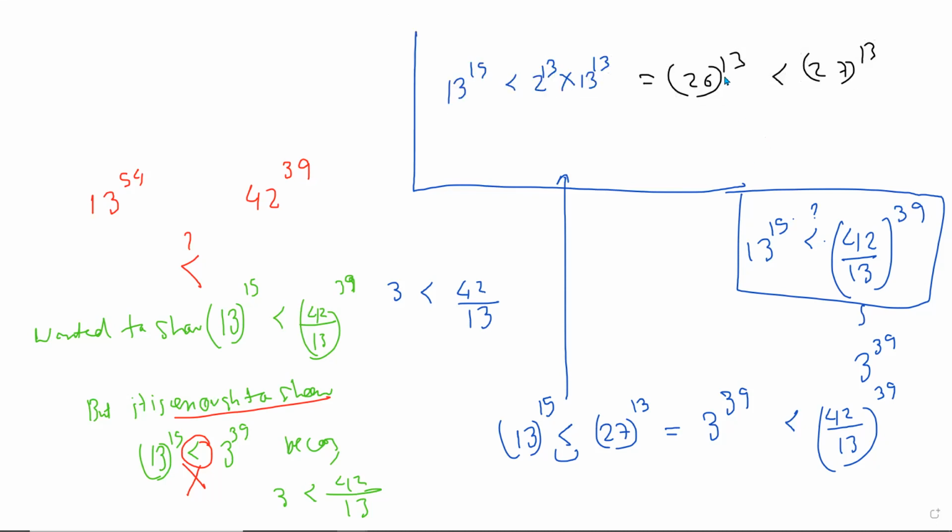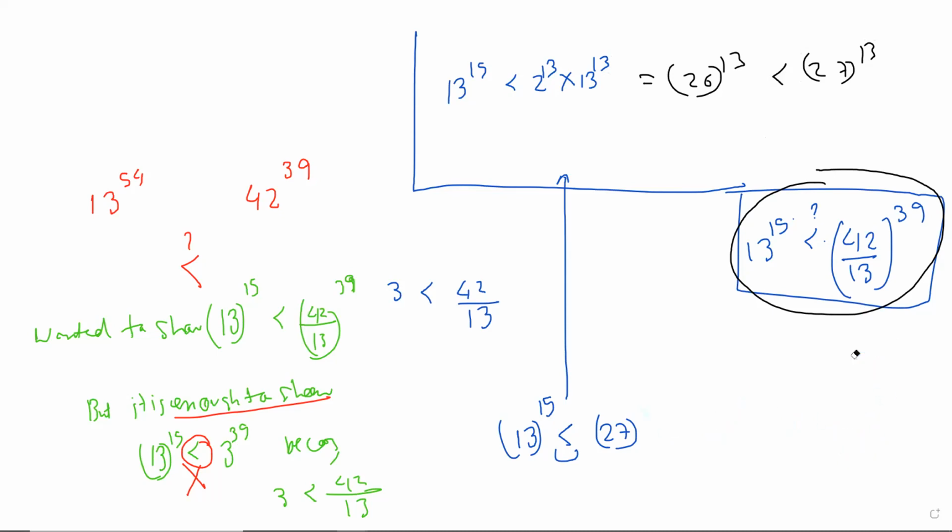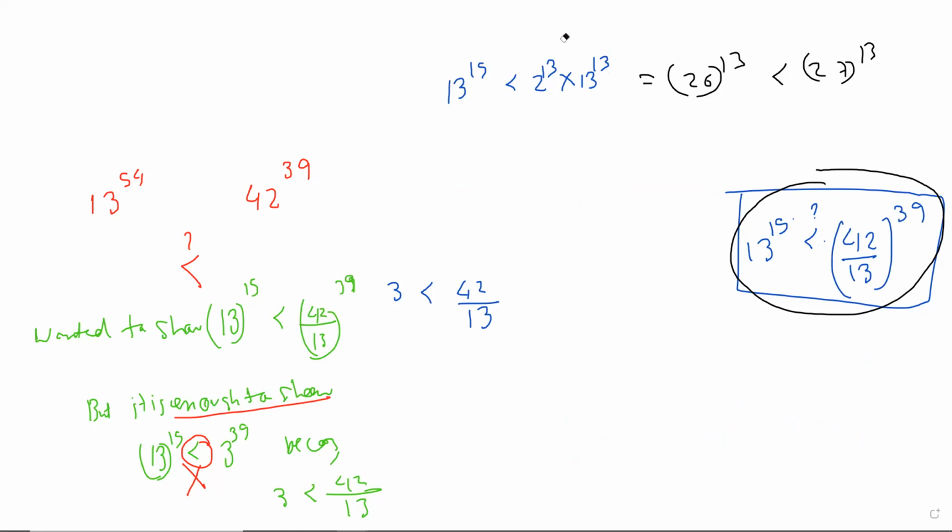Okay. So you see, the key was that we kind of reduced the question to this. Right? But here, if you notice one thing in this problem, we kind of used the fact that 54 and 39 are not so far apart, right? Otherwise, this may not have worked so well.